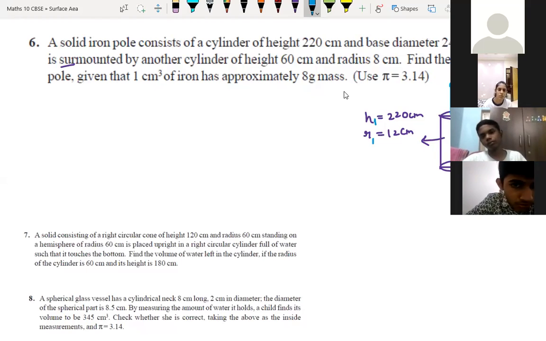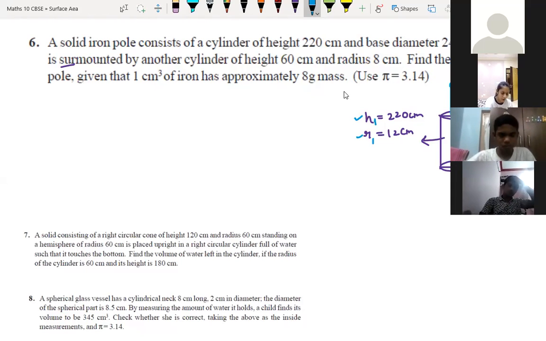So what we can do here is, see there are two cylindrical poles. This height and this radius, and that height and radius, they are both different. So we have to find the mass of the pole. So mass is nothing but weight of the pole actually. You don't think about this physics part. Weight is nothing but mass into gravitation, that you know, no? Yes, sir. Don't use this.